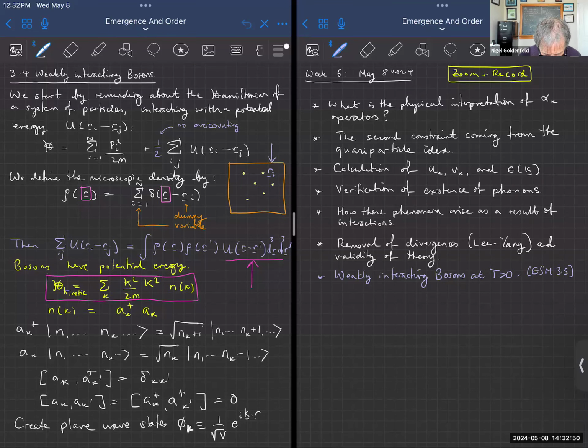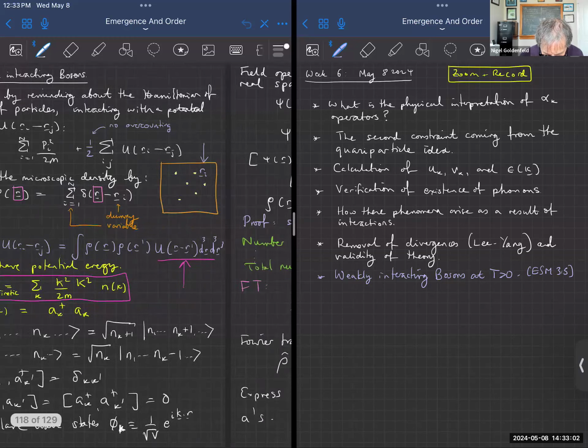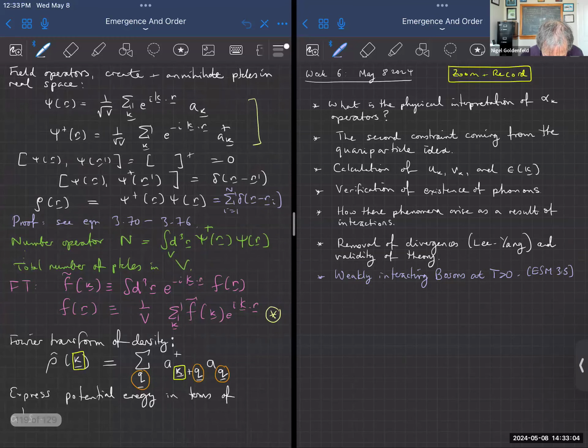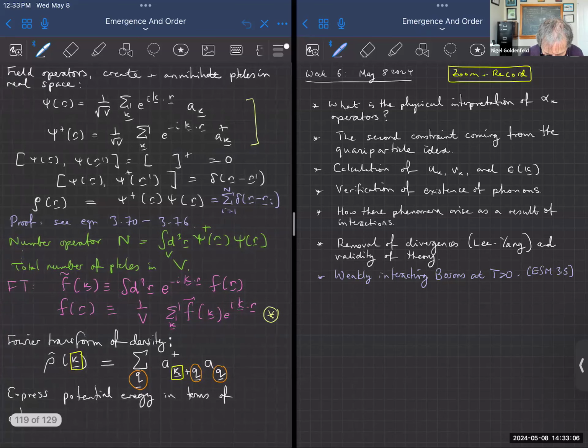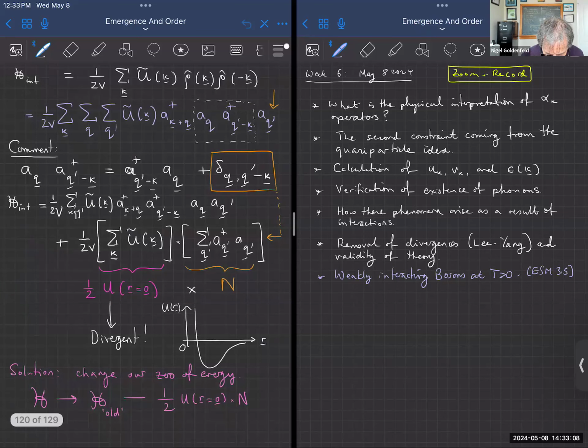So we simply wrote down annihilation and creation operators. We spent a bit of time discussing how to write down the potential energy of pairwise interactions between the bosons. And the way we did that was writing it down in terms of a density operator.